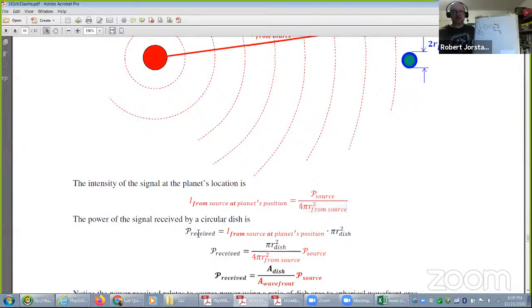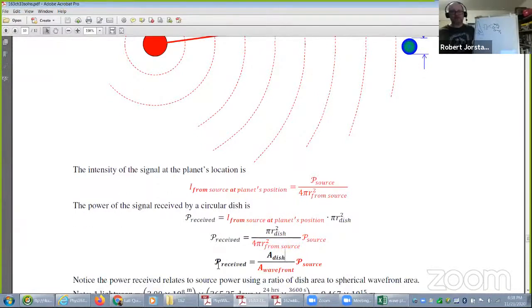Now, the power received by a circular dish uses a circular area. And so notice we get this circular area over the spherical area, or this power received relates to the area of your receiving dish versus the area of the wavefront. There's a little bit of confusion here sometimes between the pi's and the 4's, but notice this factor of 4 does not drop out.